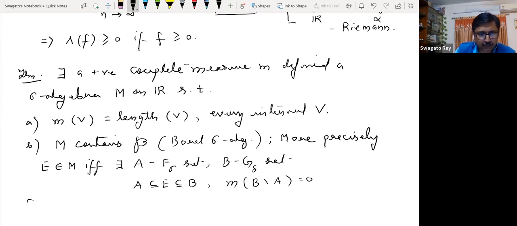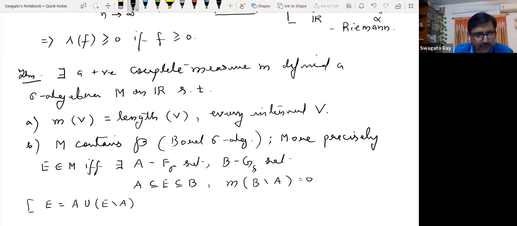Now, what is the consequence of this fact? The consequence is that if E is in the Lebesgue sigma algebra, capital M, you can always write E equals A union (E minus A). Now, A is an F sigma set. That means it is a countable union of closed sets.